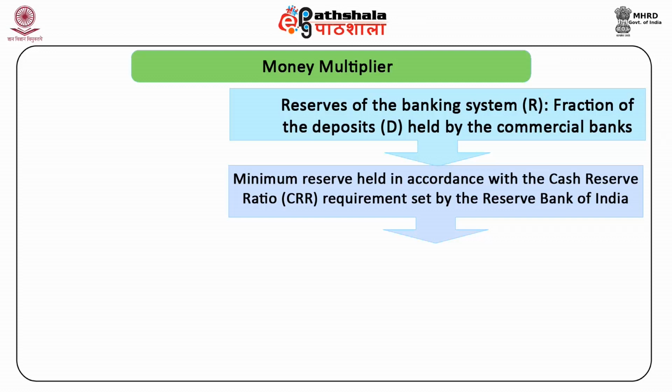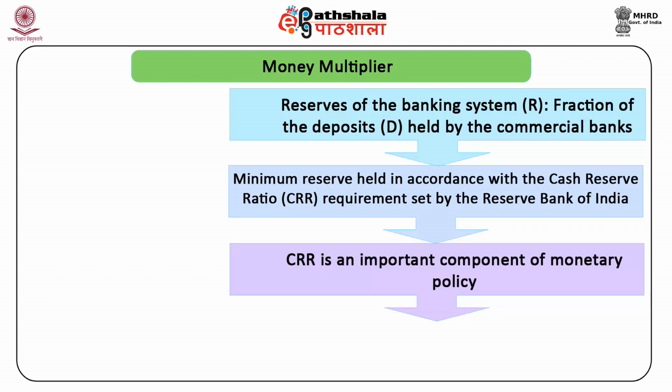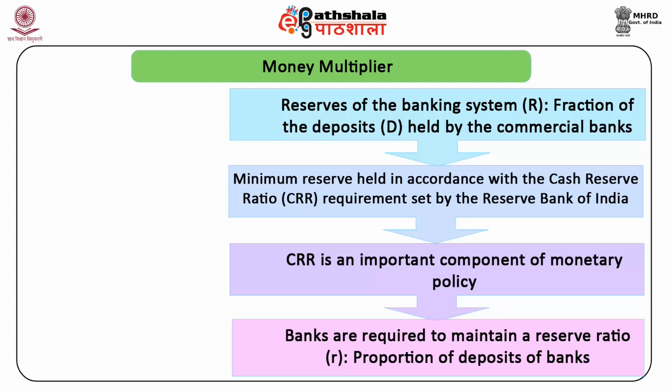In fact, the CRR is an important component of monetary policy. Thus, banks are required to maintain a reserve ratio r that is a proportion of deposits of banks. Capital R is equal to small r into DD, or small r is equal to capital R divided by DD.